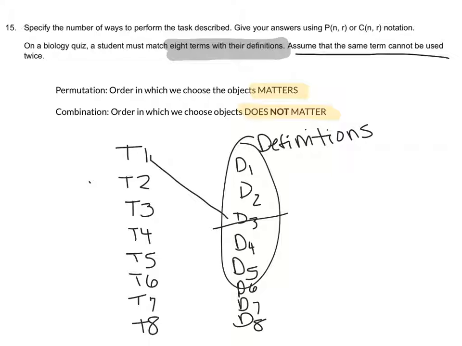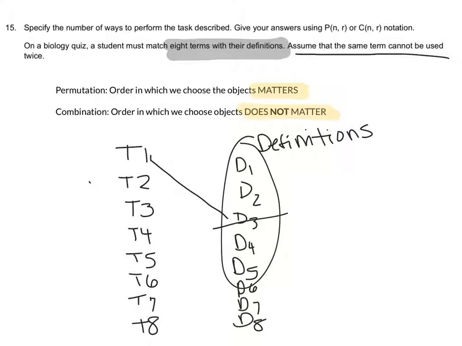Now, if we want to determine if the order in which we select the definitions matters. Well, the order does matter because each term has only one correct definition and can only be used once.